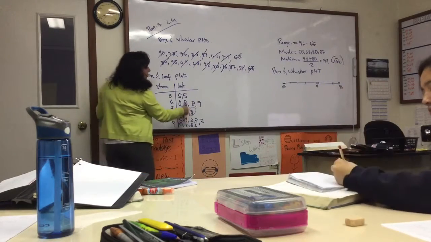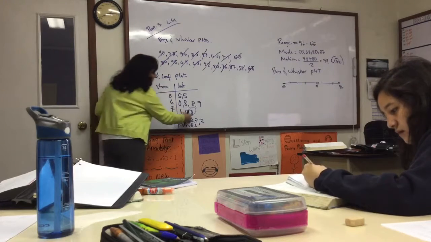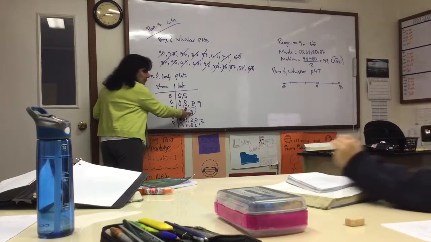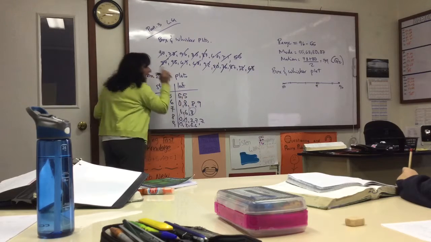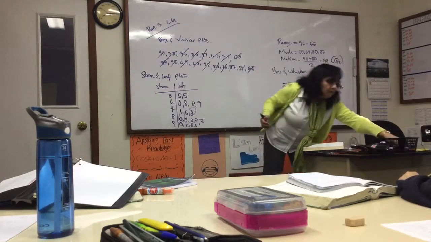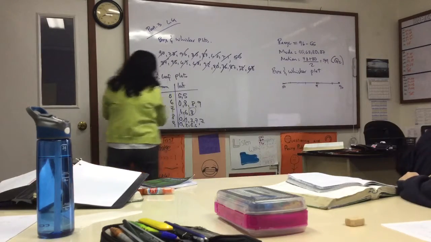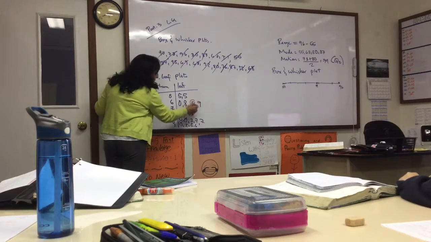So now we look for the median of the median, so to speak. So we have 1, 2, 3, 4, 5, 6, 7, 8, 9 numbers, right? So we're going to look for the middle. We start counting here. 1, 2, 3, 4, 5.